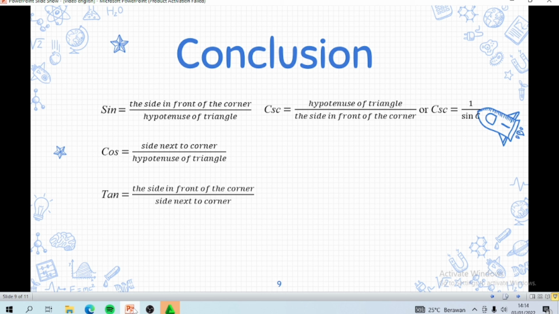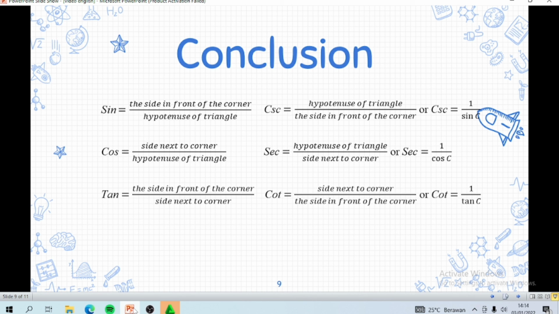Cosec equals hypotenuse of triangle divided by the side in front of the corner, or cosec equals 1 divided by sin C. Sec equals hypotenuse of triangle divided by side next to corner, or sec equals 1 divided by cos C. Cot equals side next to corner divided by the side in front of the corner, or cot equals 1 divided by tan C.